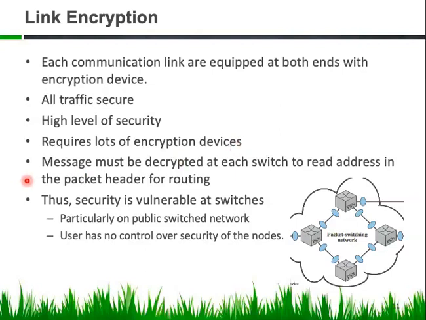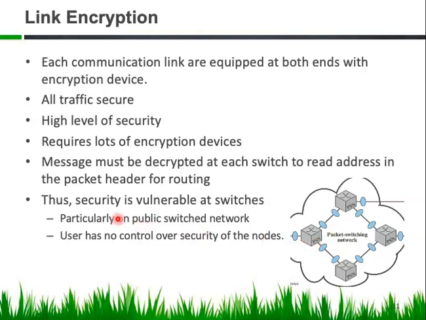However, one disadvantage of this approach is that the message must be decrypted at each switch to read the address in the packet header for routing. This means that when the message arrives at each router, the message has to be decrypted first, because the switch or router needs to read the address in the packet header so that it knows where to route that packet.